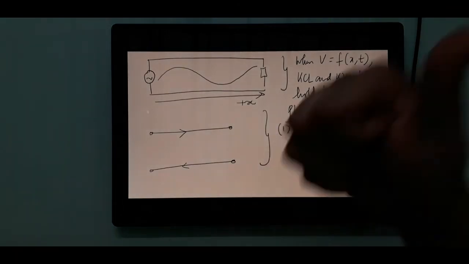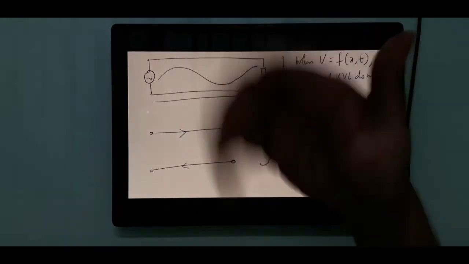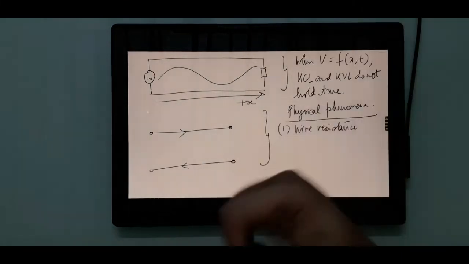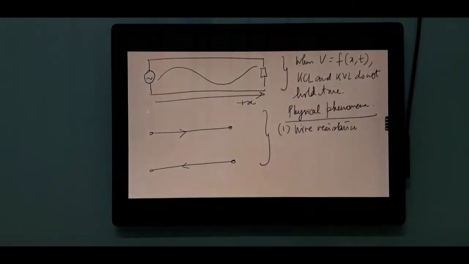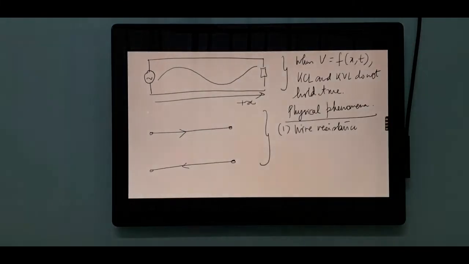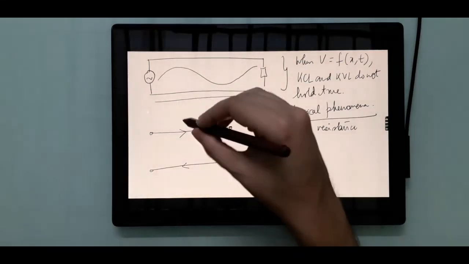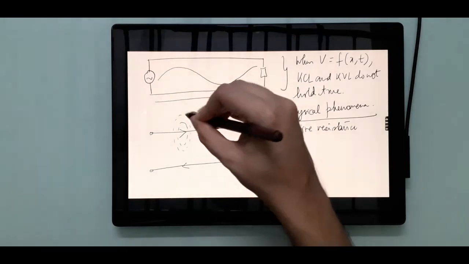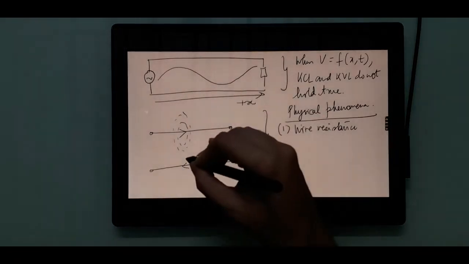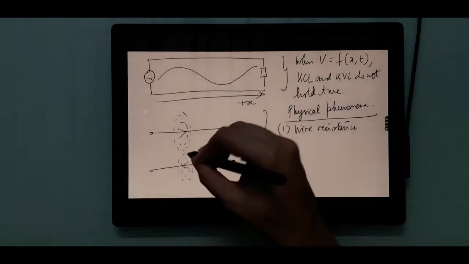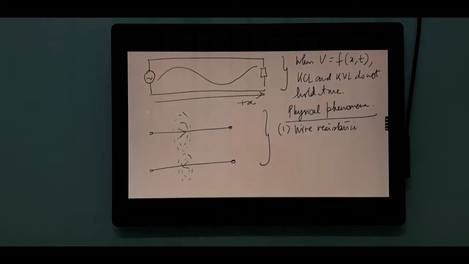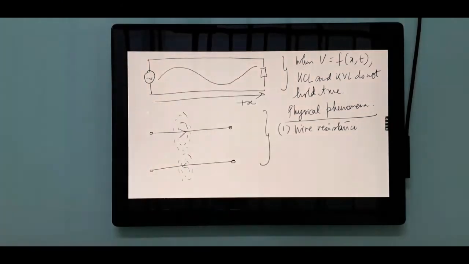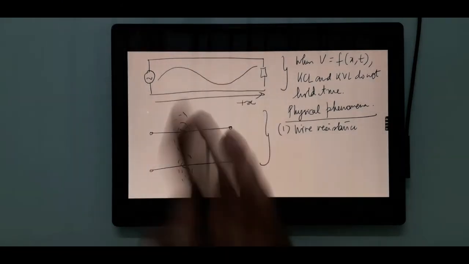If the current direction is my thumb, then the magnetic field direction is given by the way my fingers are curling, this way. So it's like saying both of these wires will generate some magnetic field. Of course, they will be opposing, but that's a different story. Let us look at these two wires independently.